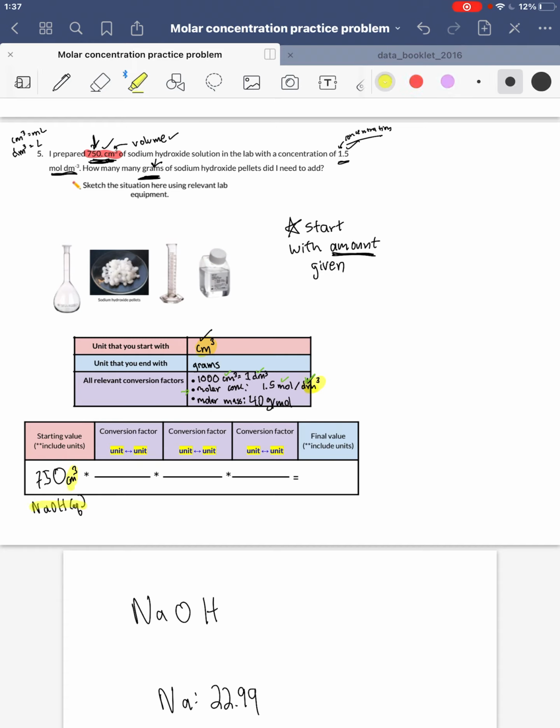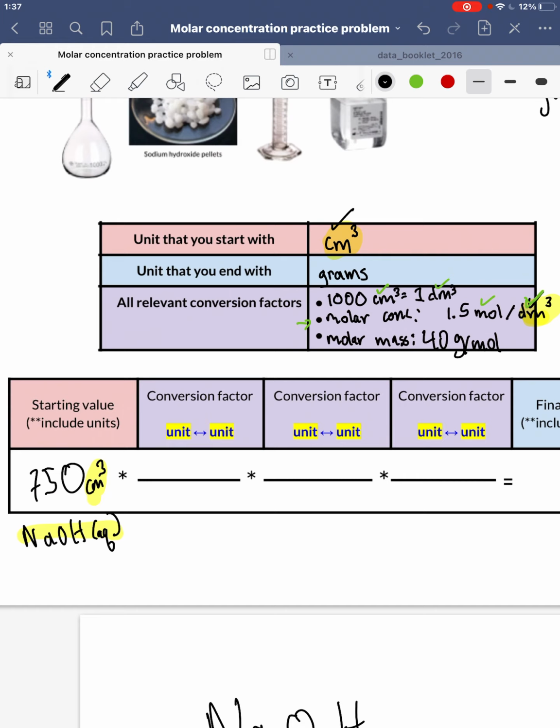If I have cubic centimeters of NaOH as my starting unit, well, in my next conversion factor, I better have that same unit, cubic centimeters of NaOH aqueous. I see that cubic centimeters, the conversion factor I have is decimeters, so let's throw decimeters cubed.